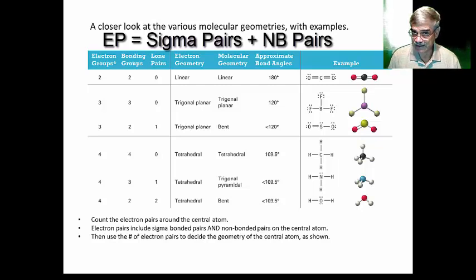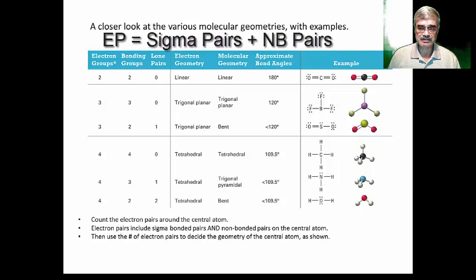What you do not count is pi-bonded pairs. And that's basically because the pi bonds have to follow where the sigma bonds already are, and we'll see that a little later on.